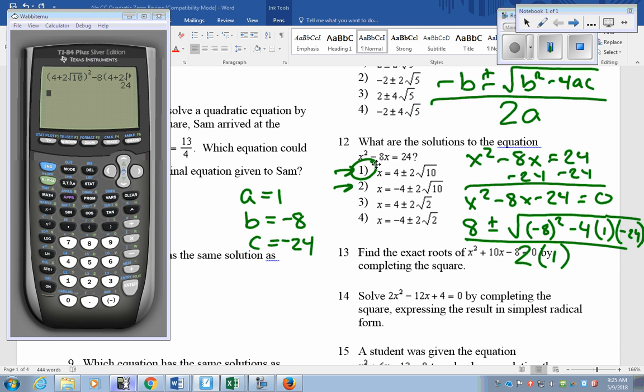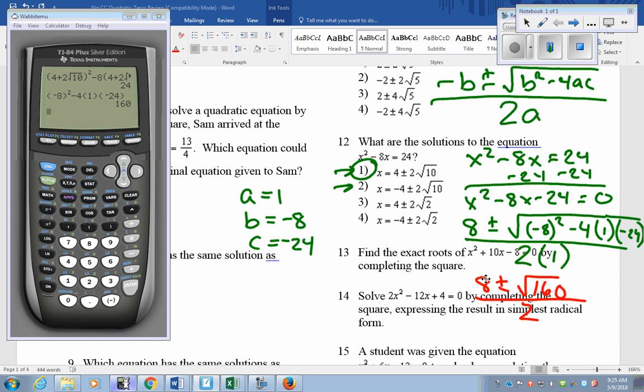I want to simplify any part that is not yet simplified, so I'm going to put the square root in the calculator with the numbers underneath it. So I have negative 8 squared minus 4 parentheses 1 parentheses negative 24. I got 160. So now I have 8 plus or minus the square root of 160 all over 2. At this point I want to see if I can simplify that square root. When you do that, you want to think of perfect square values.